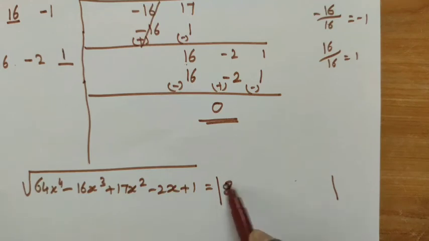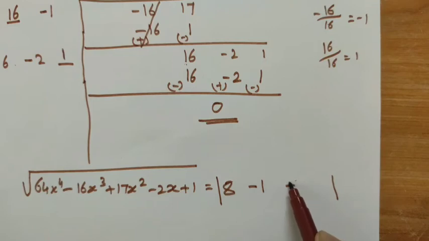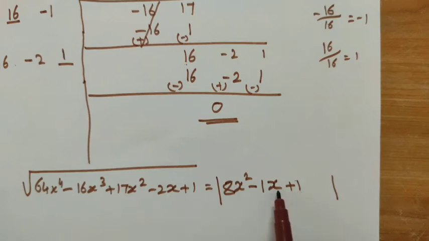So first you put 8 minus 1 and then plus 1, right? Here the constant term and x term, next term is x square. Come from the last term, that is constant, next term is x, and the next term is x square. This is the modulus value of this square root, right?